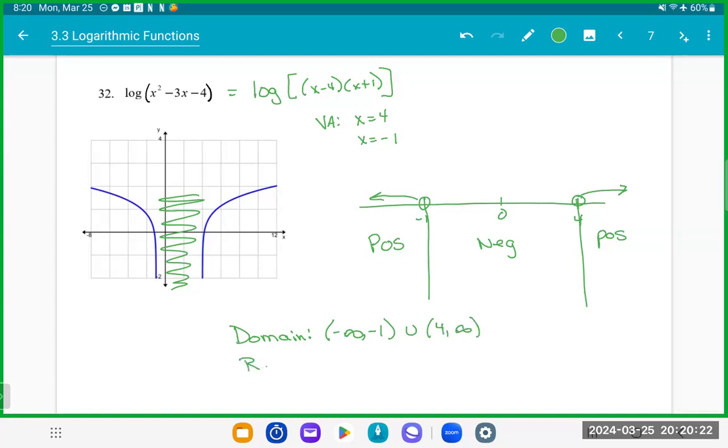And then our range can be any values, because y can go from negative infinity to positive infinity without any restrictions. Okay? Questions?